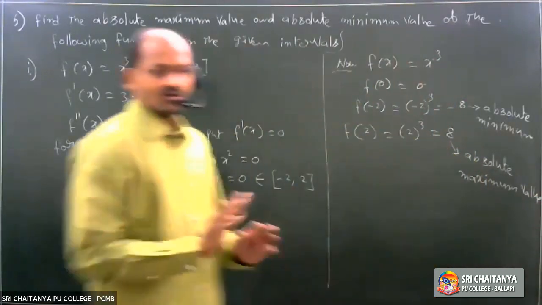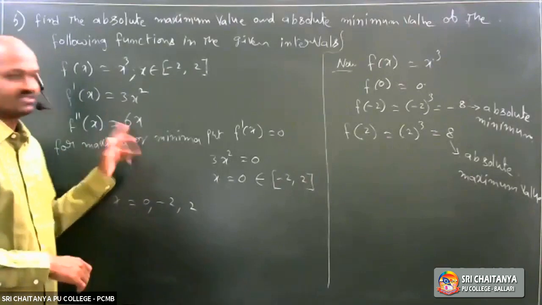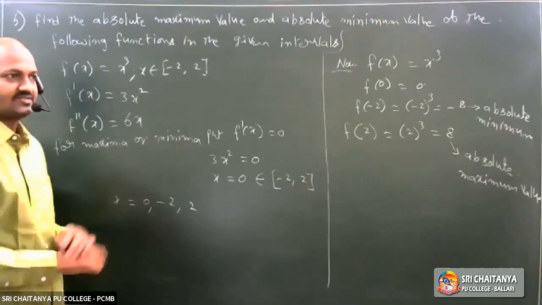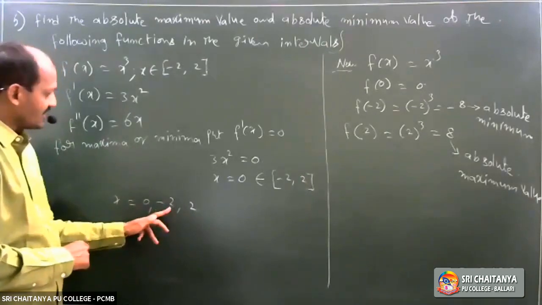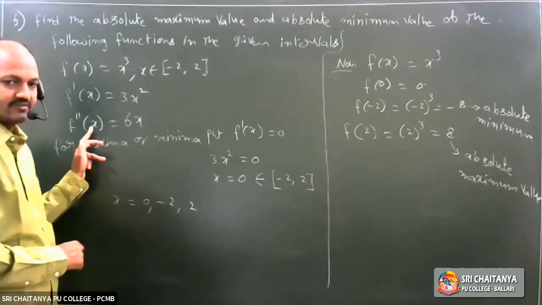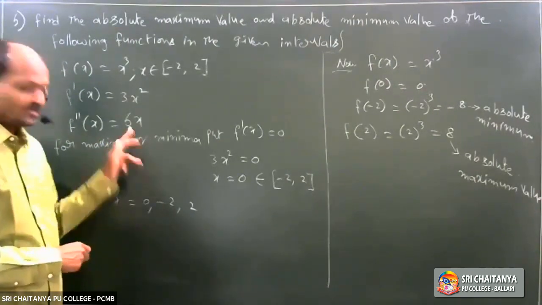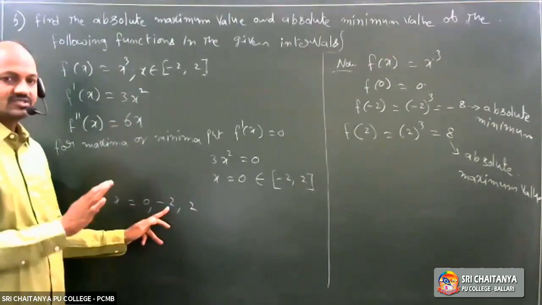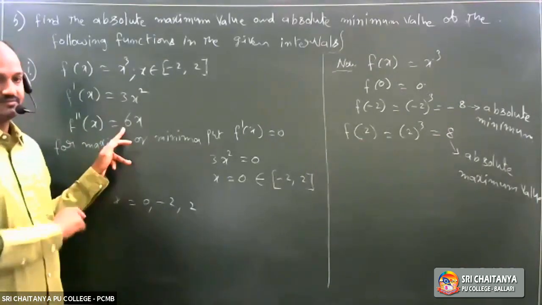Here, please don't substitute this 0, minus 2, plus 2 values in second order derivative. Listen carefully. In case x equal to minus 2, substitute in second order derivative, we get minus 12.